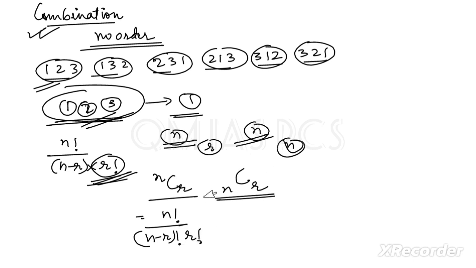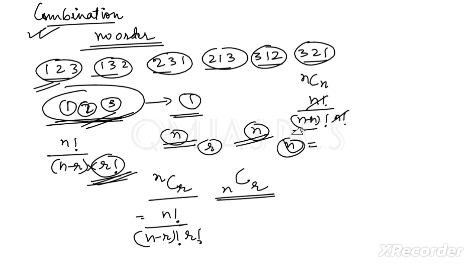Okay, got it? Fine. So in case of n, it will be factorial n divided by factorial n minus n. n minus n is 0 factorial, and r here means n factorial, so this will be cancelled out.